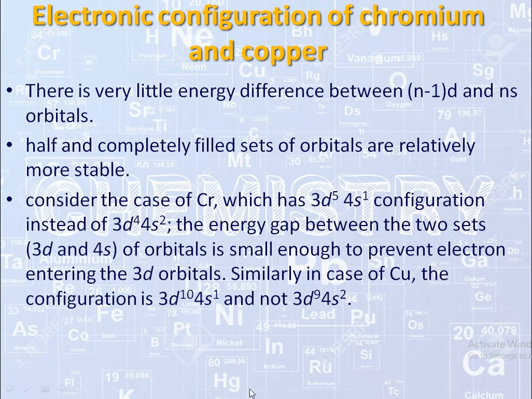Similarly, in the case of copper, the electronic configuration is 3d10 4s1, not 3d9 4s2, because one electron from s jumps into d for stability.